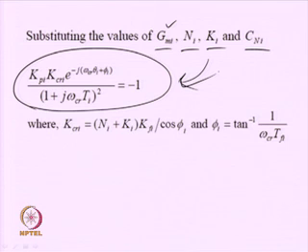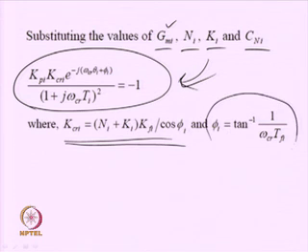Now, what is Kcri? Kcri is found to be (Ni plus Ki) times Kfi upon cos phi i, and phi i is given by tan inverse 1 upon omega Cr Tfi. Where do the angles come from?